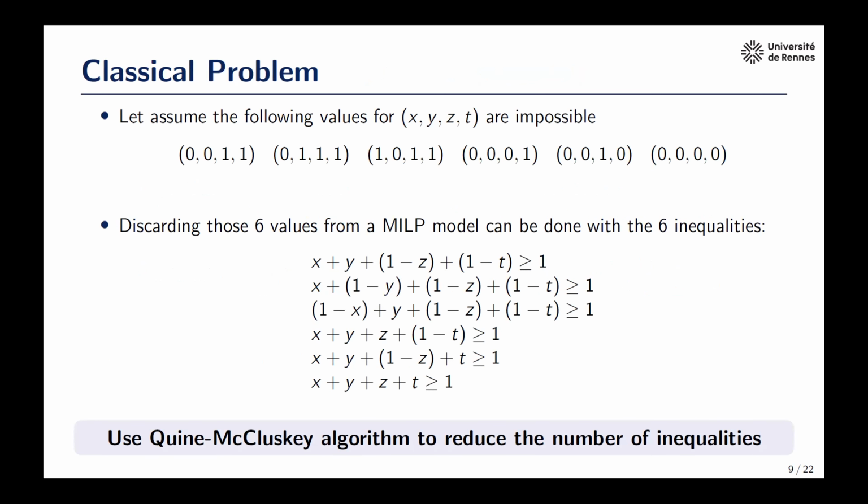It is also very useful for the Quine-McCluskey algorithm. It's very common, when you want to modelize some cryptographic technique into a MILP problem, to have some tuples of points for which there are impossible values. You can use a simple technique to discard each of these values one by one, and then you can use the Quine-McCluskey algorithm to reduce the number of inequalities.